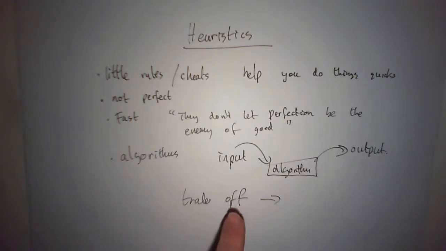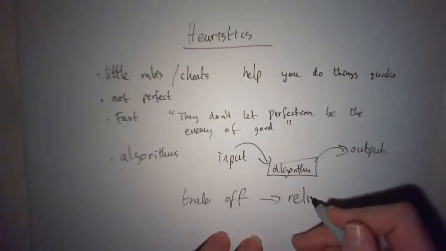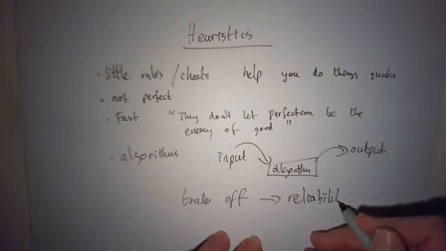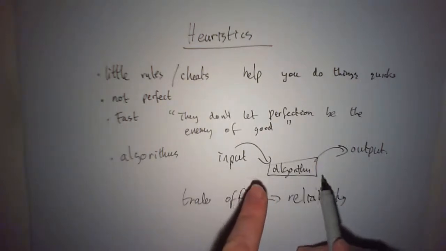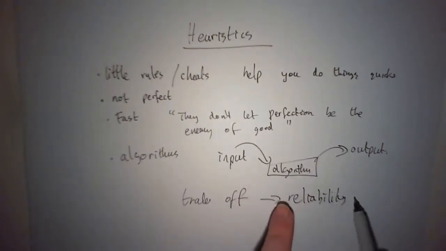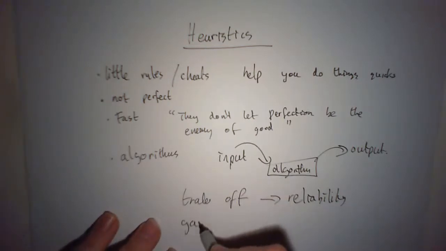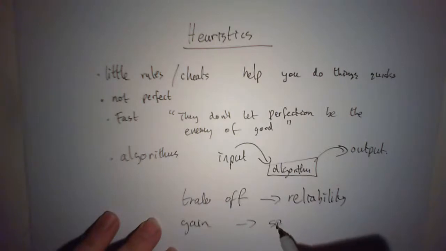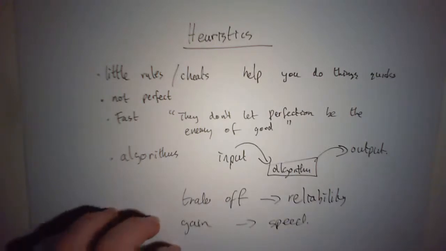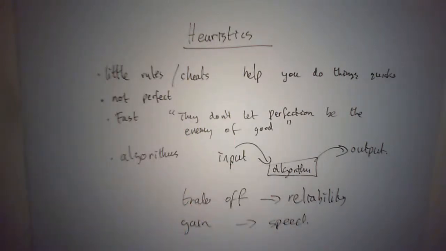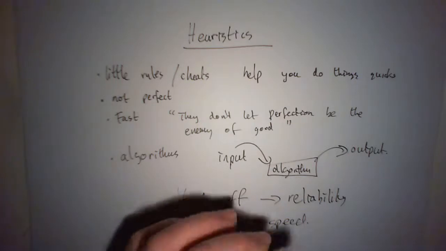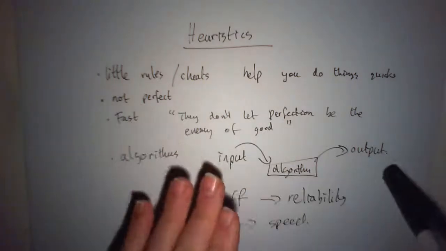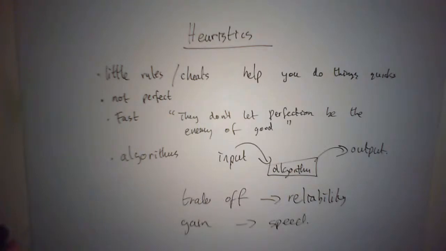You trade off reliability. In other words, the algorithm is no longer always right, but you trade off that reliability, and instead you gain speed. Okay, and that's the key to heuristics. It's the trade-off between the reliability of a perfect algorithm and speed.